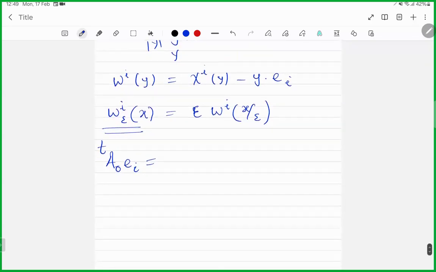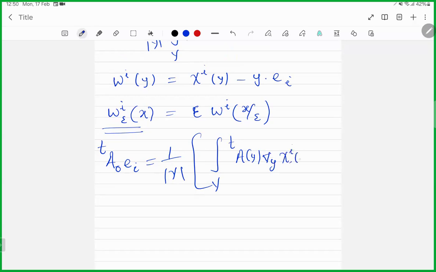So transpose of A0 EI will be 1 over mod Y, integral of chi I of y i dy minus integral over Y of a y dy, this acting on here.